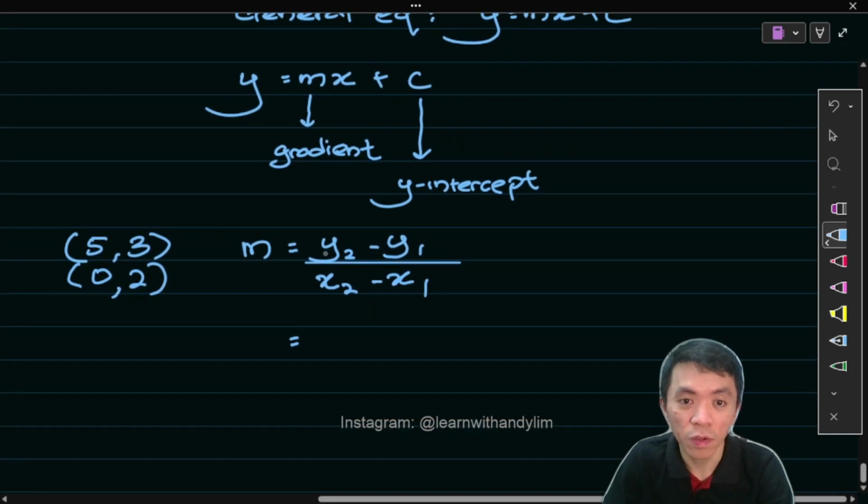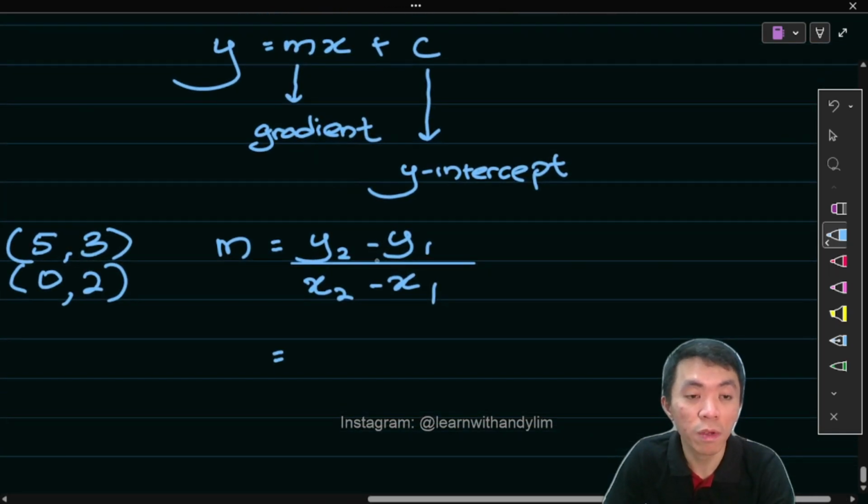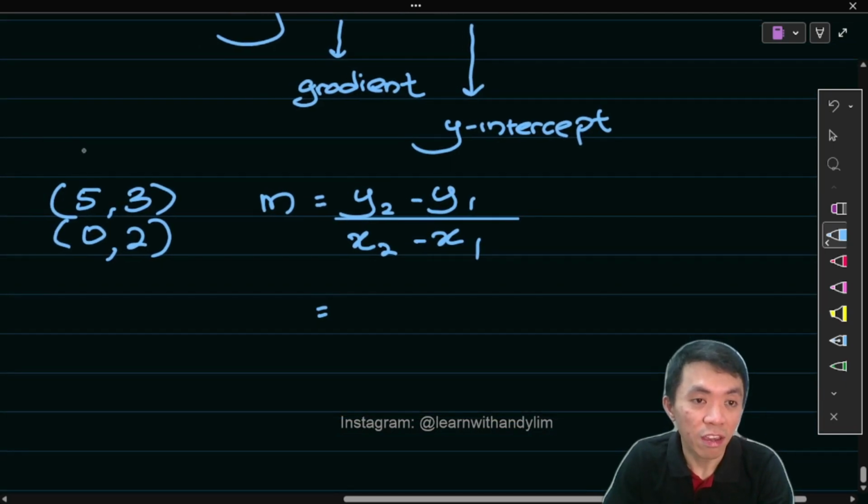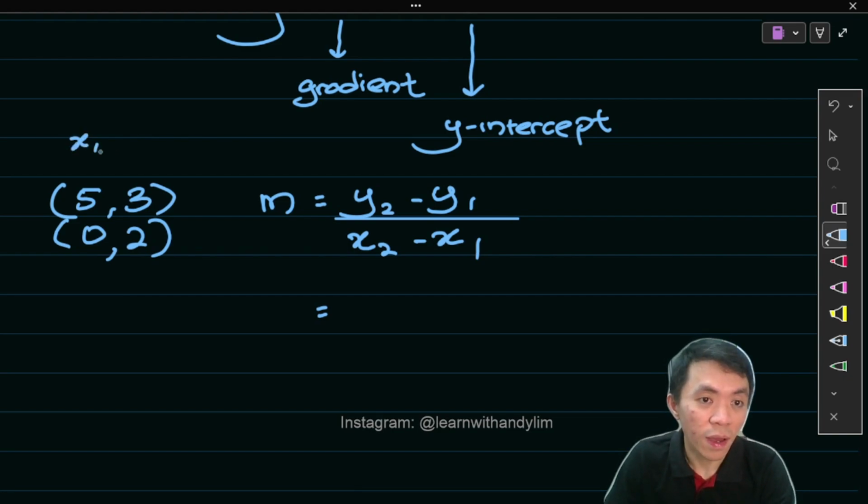Let us substitute the coordinates inside the formula. If this is my x1, this must be my y1. If this is my x2, this must be my y2.